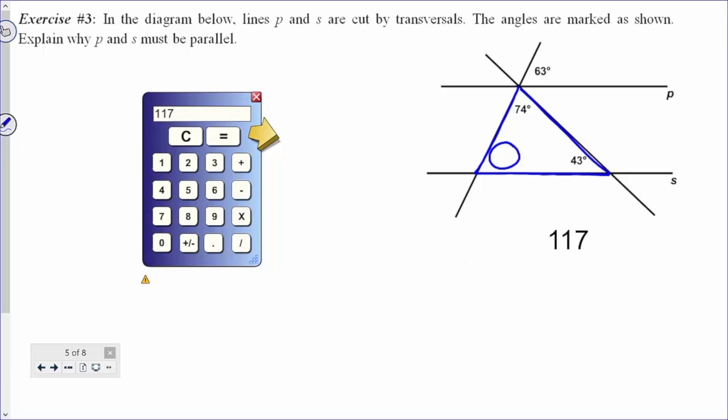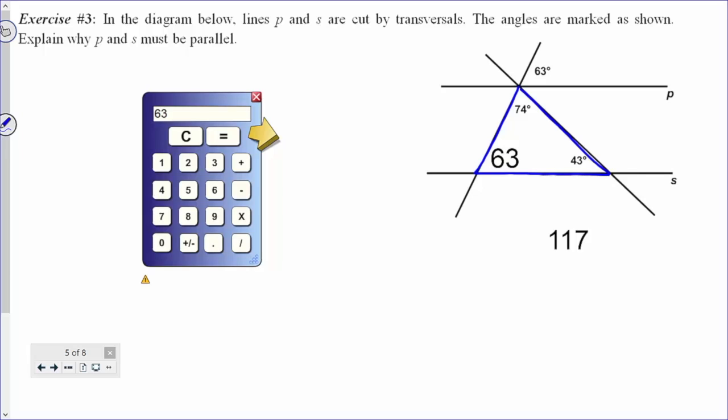That's the sum of those two angles. And then I can do 180 minus 117, and I get 63. So, if I erase that, then I know that angle must be 63 degrees.